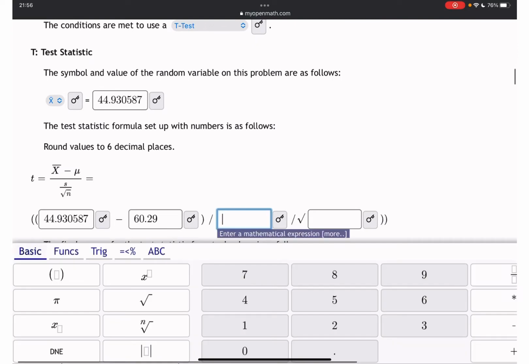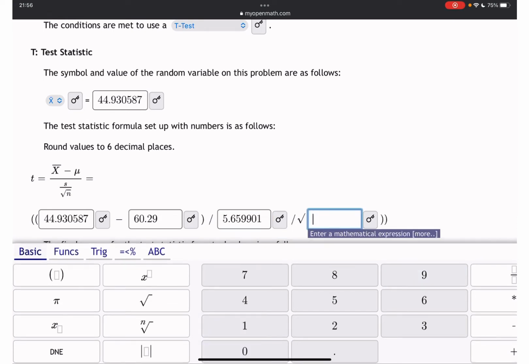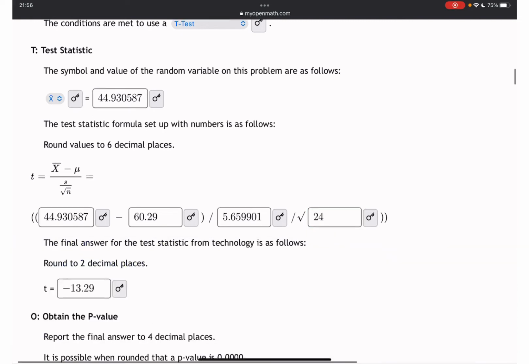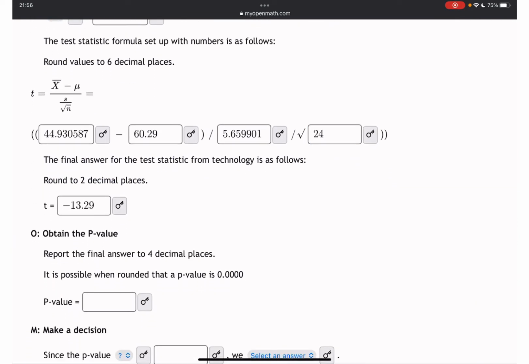Here it is: 5.659901, and we divide by square root of n. Our n was 24, so we write down 24, and the math will do itself, square root 24, and we get negative 13.29.